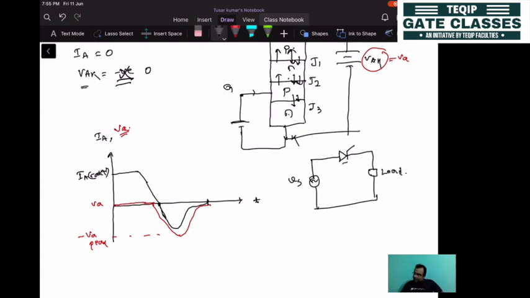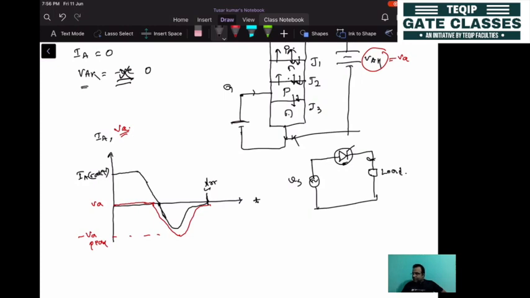Clear? Now what happens? The device, up to this period that I have marked, let the time period be TRR. For this period, the current through the device will become 0, but the circuit current may not be 0.